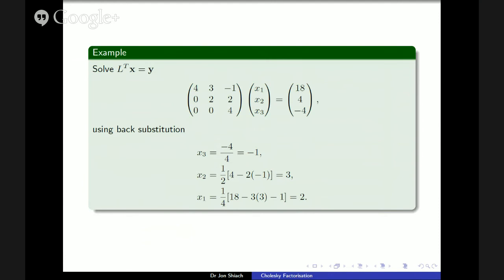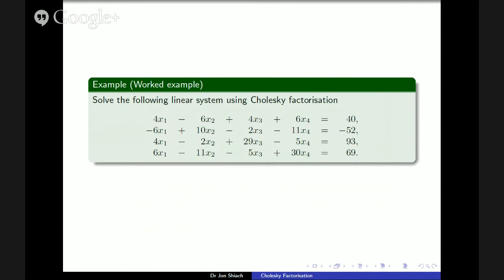It's very simple. Okay, so here we got a bit of a beast of a system, 4 by 4, but we've just done this factorization, so it shouldn't be that difficult to calculate the solution. Okay, so that was our factorization. So we had this. This was our starting point.